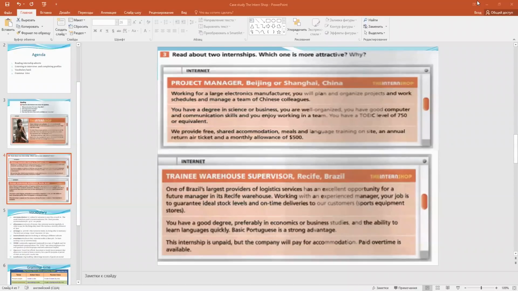And what about this one? You should have a level of 750 or equivalent. What does it mean? The level of language proficiency.